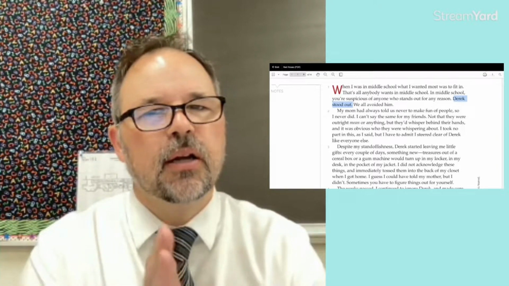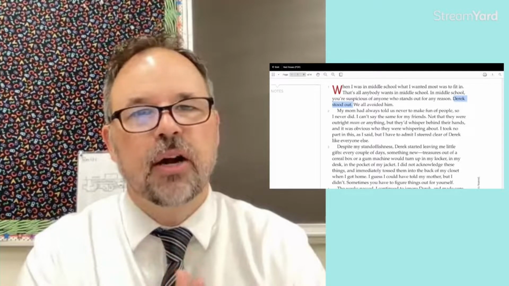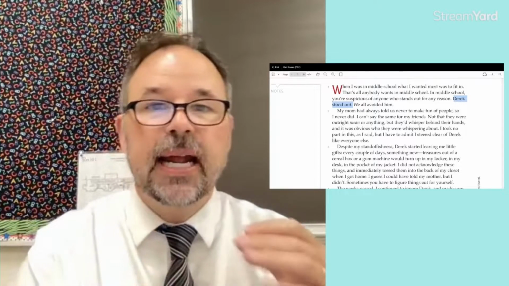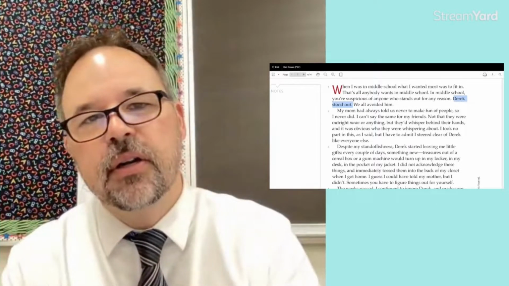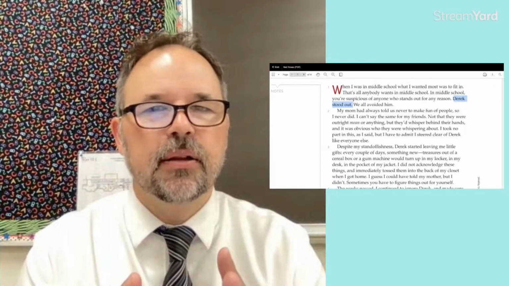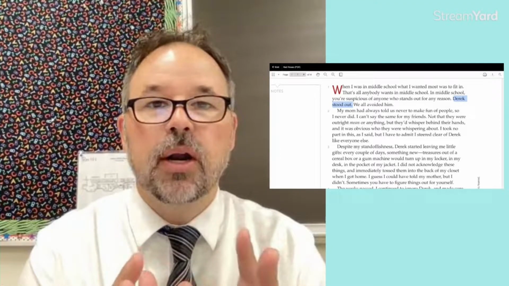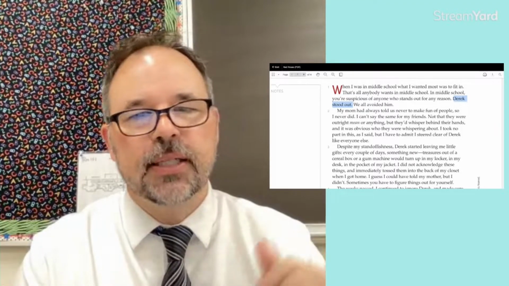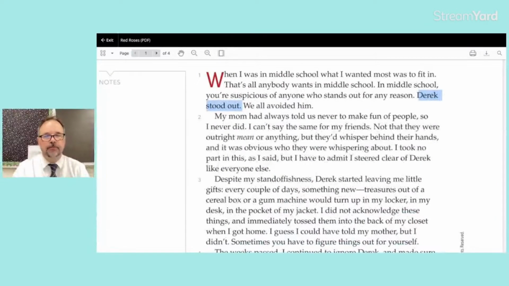And then she hits us with a short one. Derek stood out. That actually stands out from the other sentences. So if you can vary your sentence length when you're writing, when you want to make a point, make it a short sentence, it really stands out. I think that helps. All right, next paragraph.